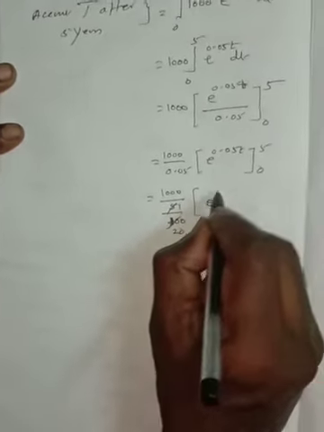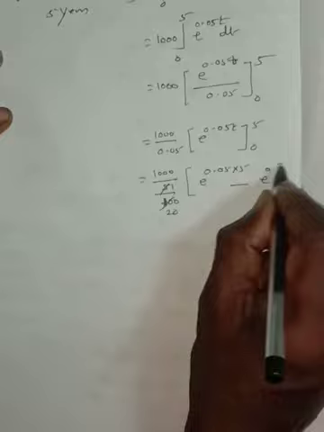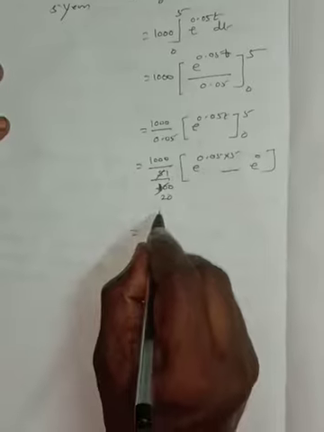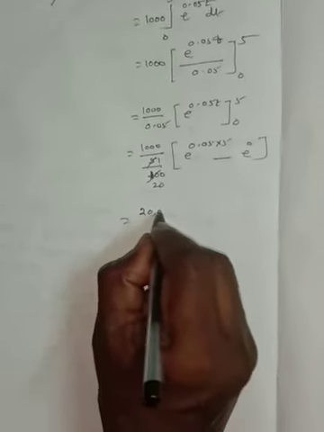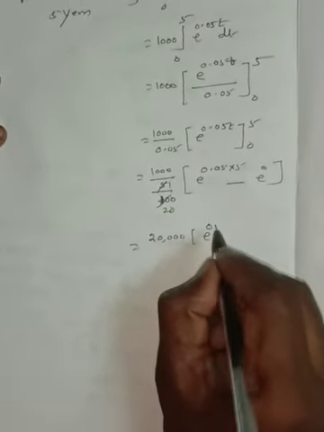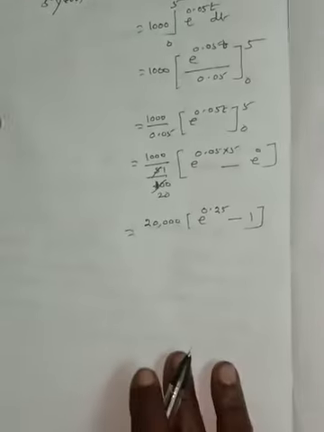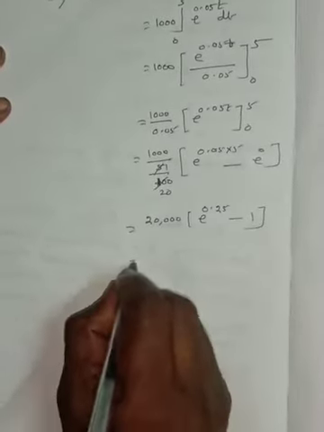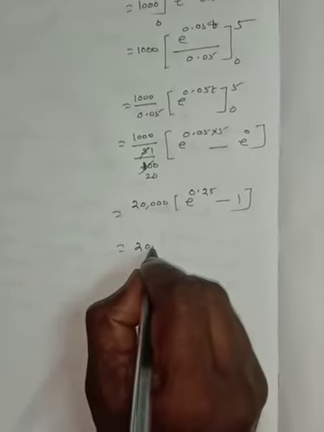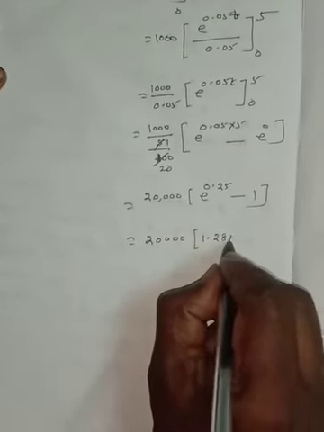Apply upper limit: e to the power of 0.05 into 5 minus e to the power of 0, taking reciprocal, is equal to 20,000 into e to the power of 0.25 minus e to the power of 0, which is 1. Given e to the power of 0.25 is 1.284, therefore 20,000 into 1.284 minus 1.